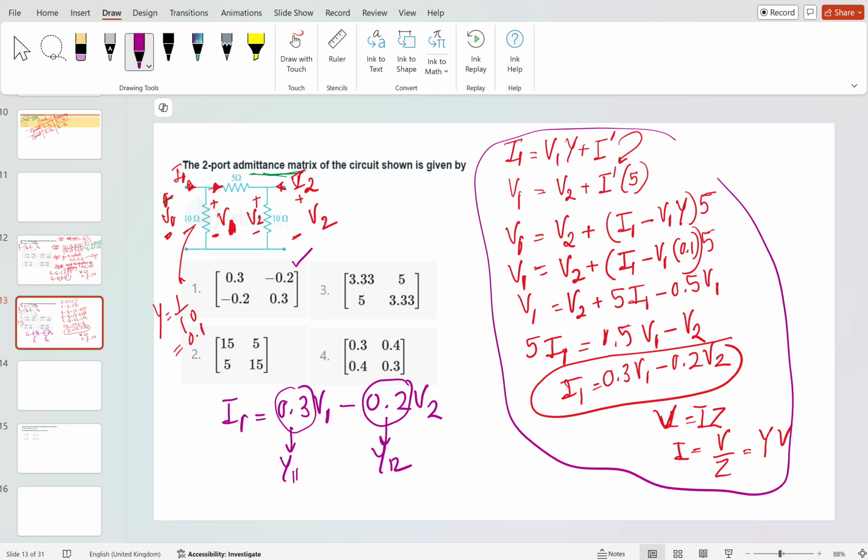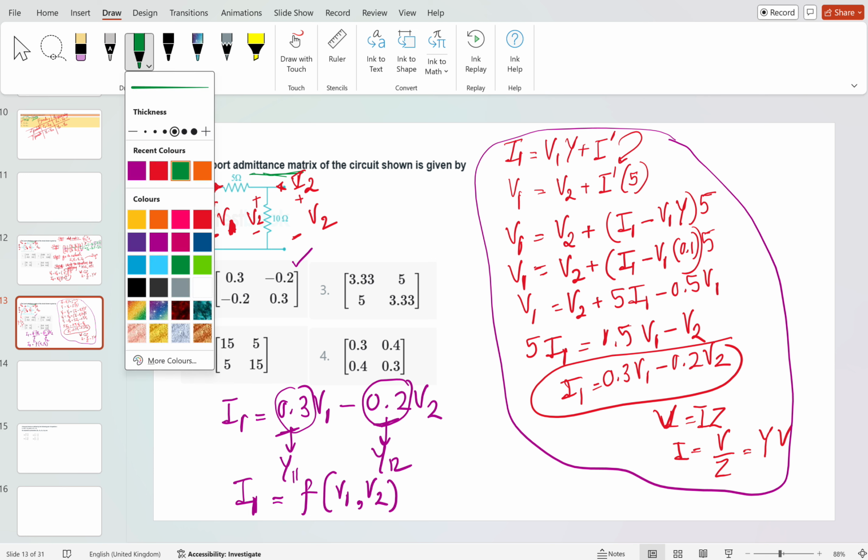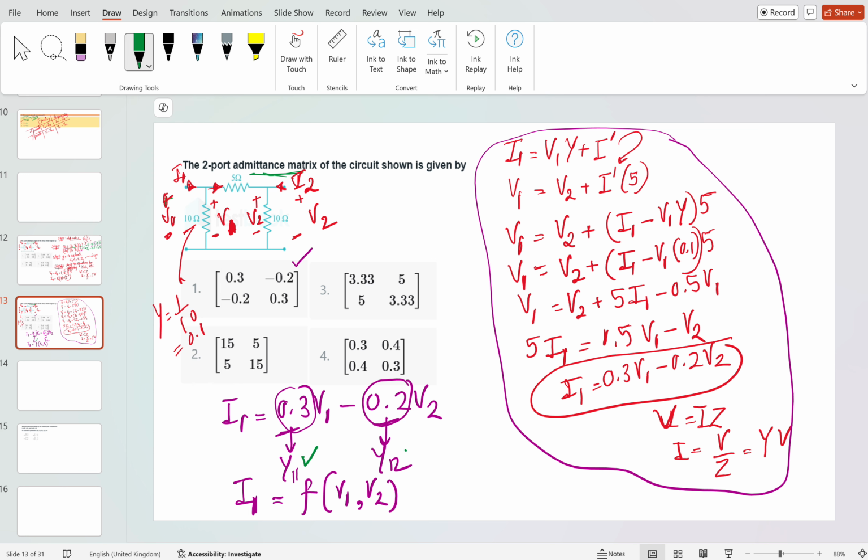After one equation, I have got I1 as a function of V1 and V2. If you see, Y11 and Y12 are just constants. So these are constants times the output variables V1 and V2. Okay, so option 1 is matching.